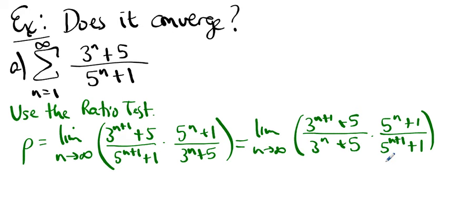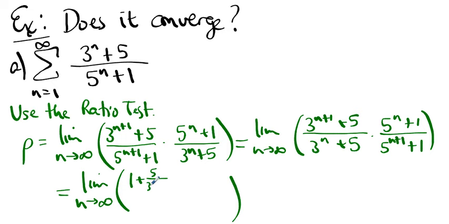Still nothing earth-shattering. I kind of have the sense that this goes to 3, and I kind of have the sense that this goes to 1/5, and sure enough, it does. We could divide everybody over here by 3 to the n plus 1, and we could divide everybody here by 5 to the n plus 1.